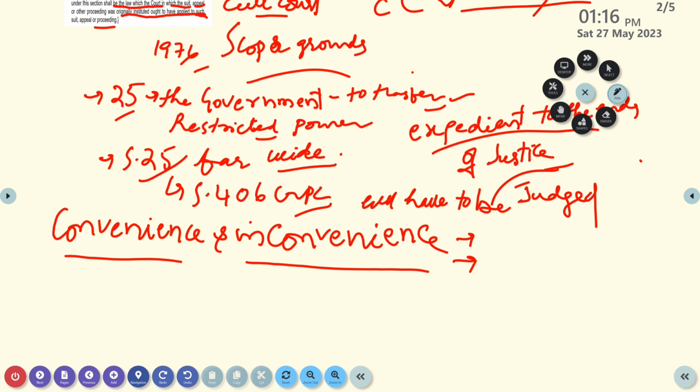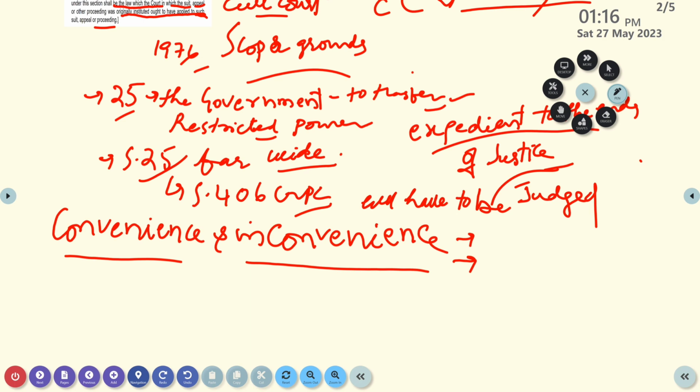So the defendant's or plaintiff's convenience or inconvenience can be taken. Convenience and inconvenience of the witness can be taken into consideration based on the facts and circumstances of the case.